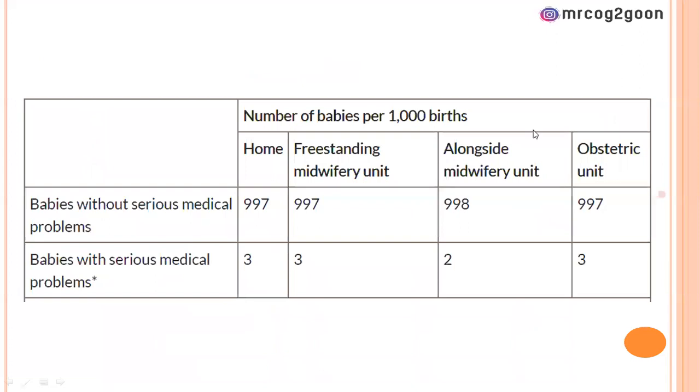Let's go to the second. This one is very, very important, especially babies with serious medical problems. In a multiparous woman, it is the same for home and obstetric unit, and it is 3 per 1,000. This number also came before.